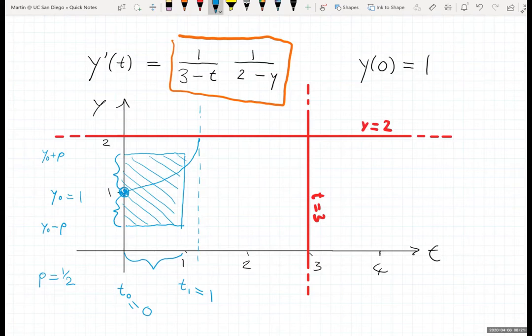The initial value problem does have singularities. It does not have any singularities here in this blue shaded area. So in particular, within the blue shaded area, the function f(t,y) is continuous.